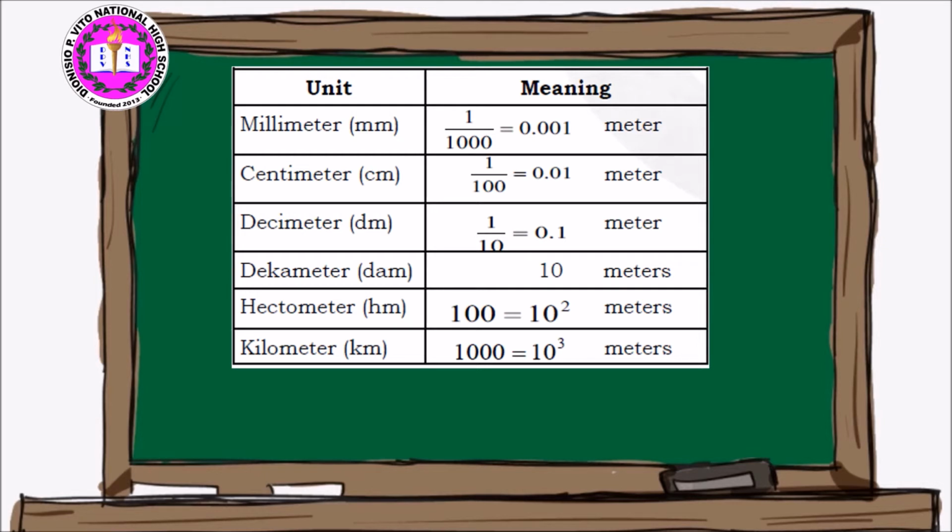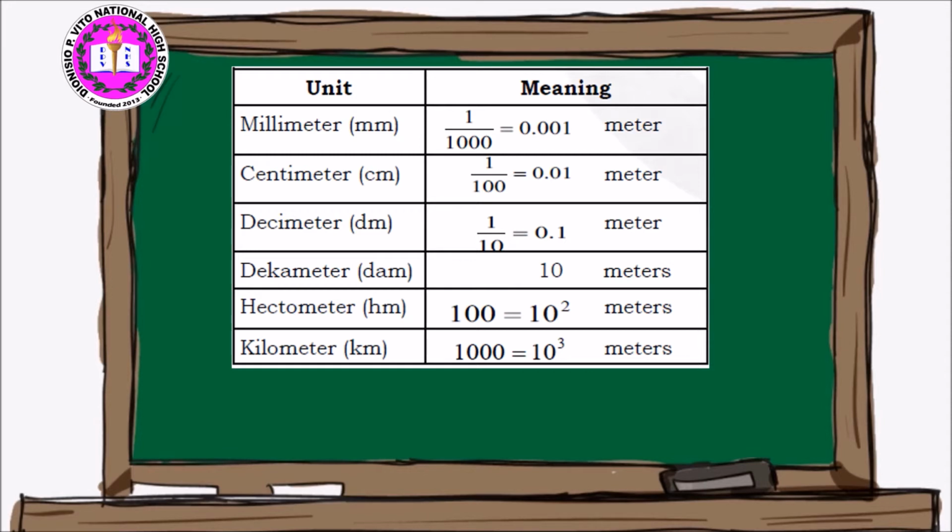And decimeter is equal to 1 over 10, or 1/10th meter. Then we have decameter, which is equal to 10 meters. So 1 decameter is equal to 10 meters.